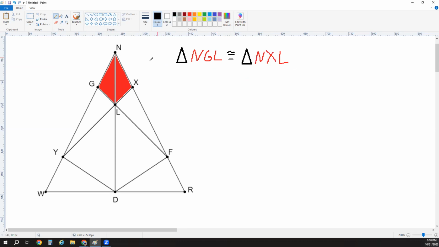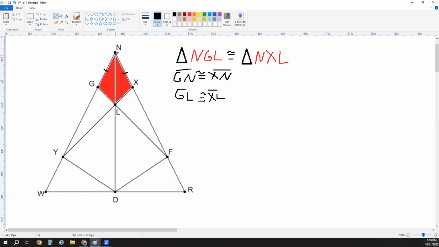Then you would be able to say that line GN was congruent to XN, and then you'd be able to say that GL was congruent to XL, right?